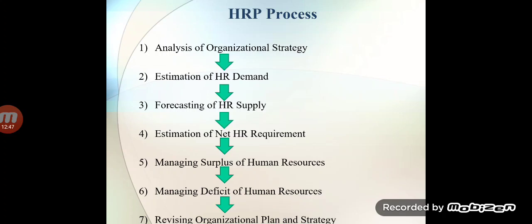So the human resource planning process carries 7 points: analysis of organizational strategy, estimation of human resource demand, forecasting of HR supply, estimation of net HR requirement, managing surplus of human resources, managing deficit of human resources, revising organizational plan and strategy.